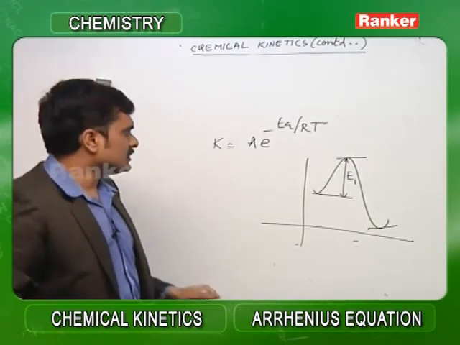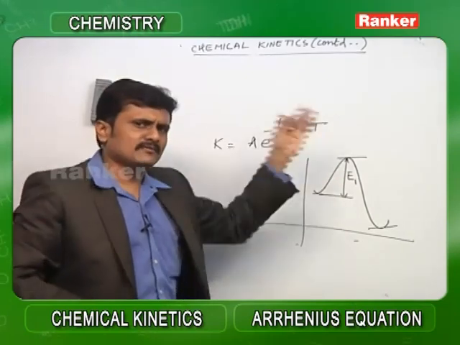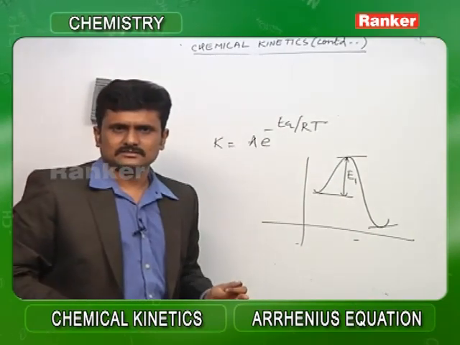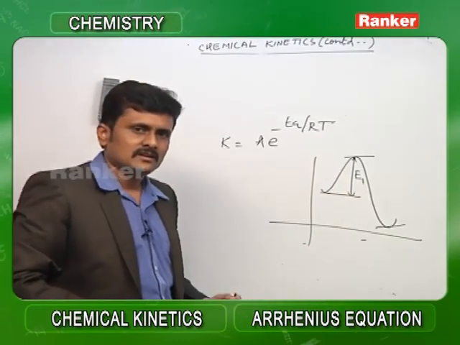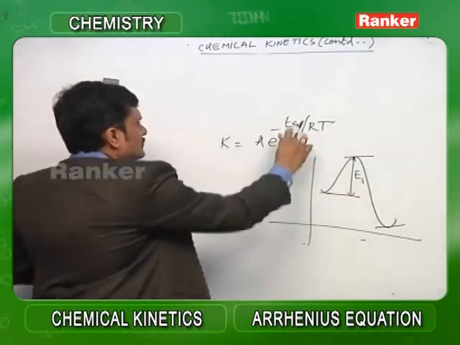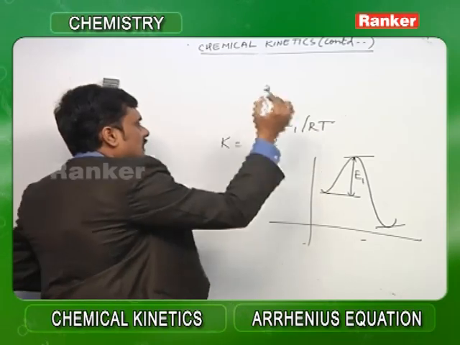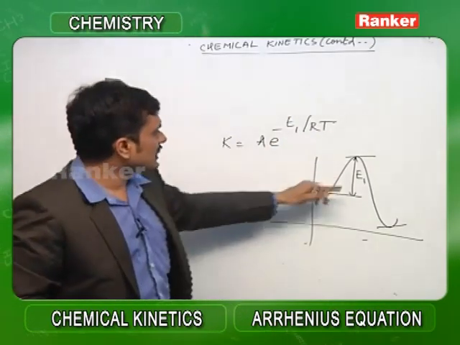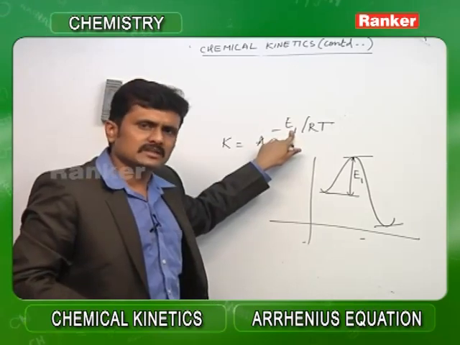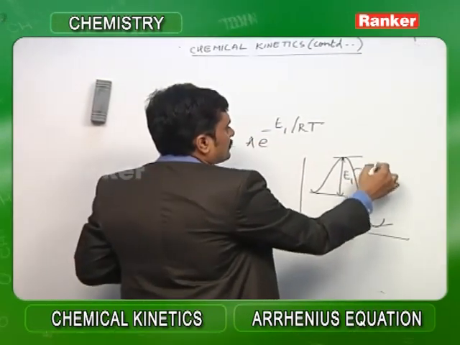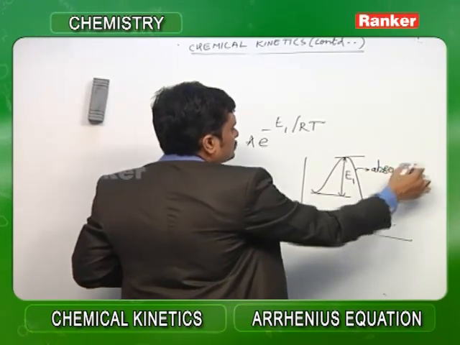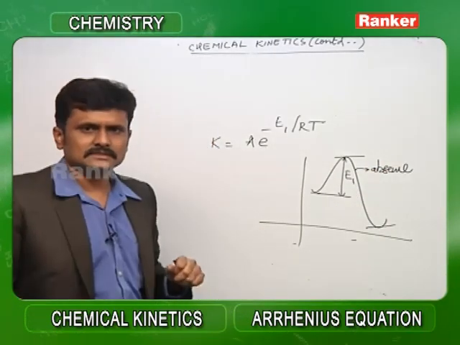I hope you are following me. This path, when I have not added any catalyst, has the activation energy E1. So this equation is valid when the activation energy is E1. This is in the absence of catalyst. There is no catalyst that is present.